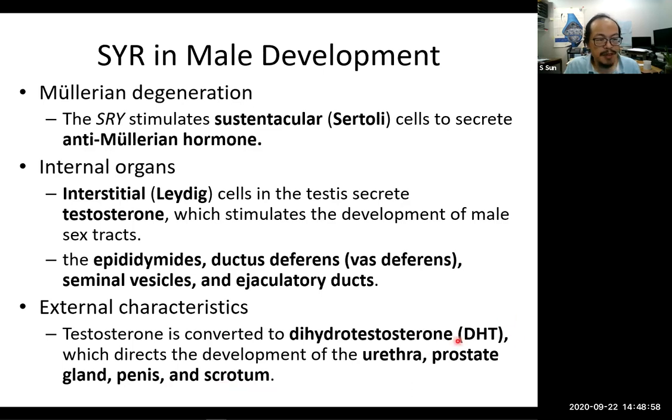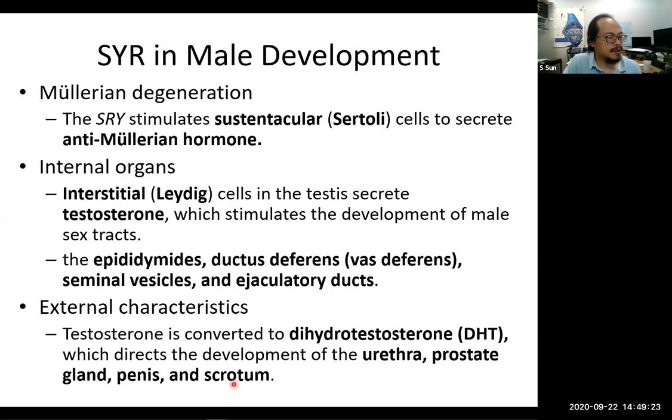So where do we get the DHT? DHT is dihydrotestosterone. This is converted from the testosterone. Testosterone is converted to the DHT, and the testosterone is secreted from the Leydig cells.